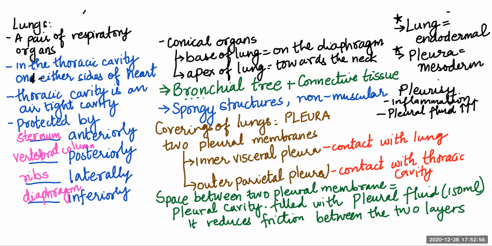Then the diaphragm inferiorly. Structure wise, it's a conical organ with the base of the lung on the diaphragm and the apex towards the neck. It contains the bronchial tree and connective tissue. It is a spongy structure which is non-muscular.